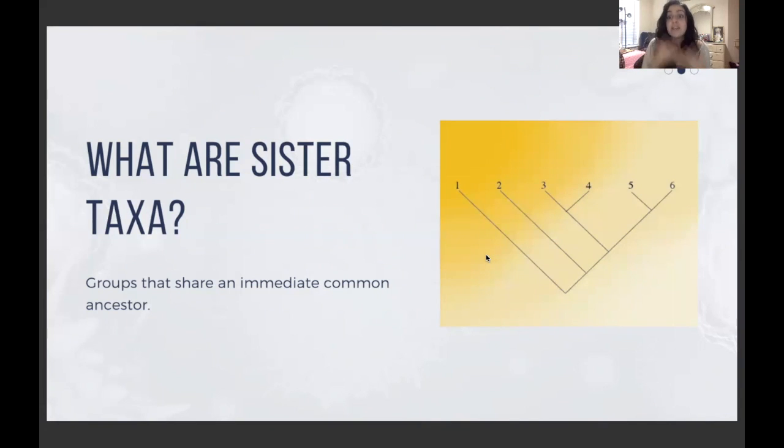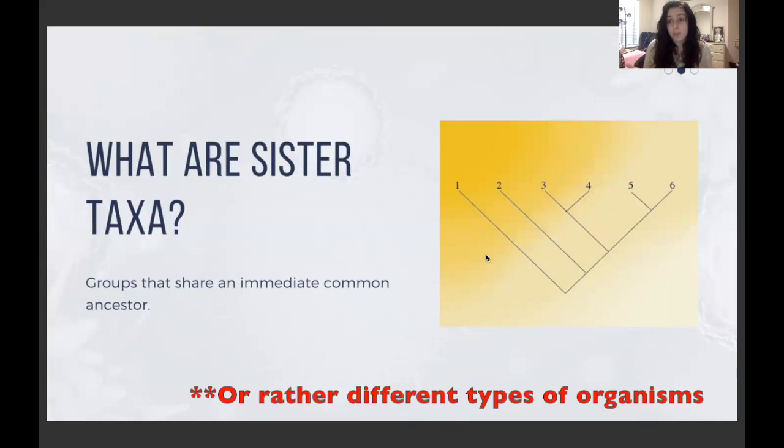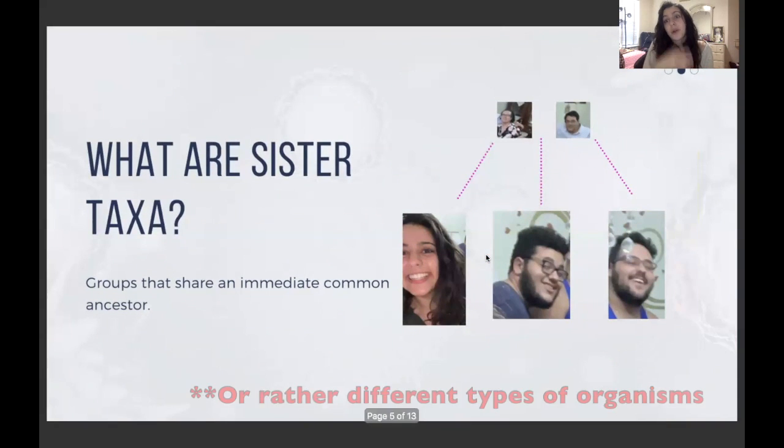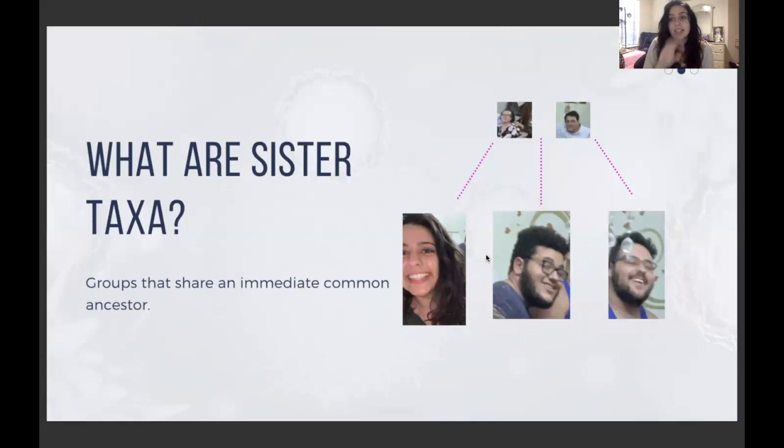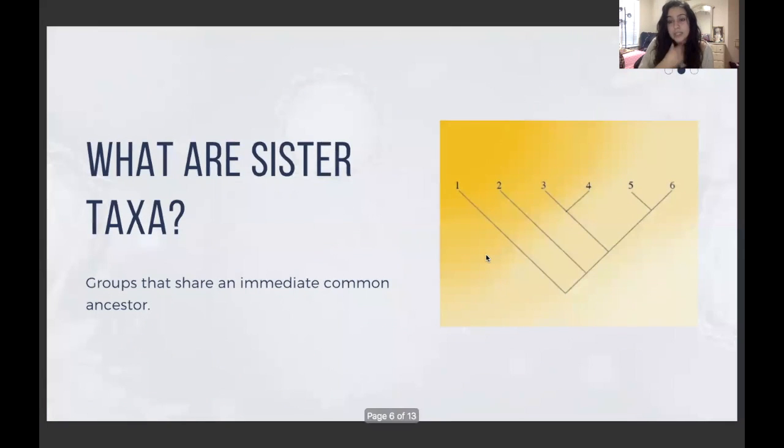It's different organisms that we are comparing, as opposed to a family tree where we're comparing just one type of organism. So with that being said, what organisms marked as numbers in this example are sister taxa? I'll give you guys 5 seconds to answer that.